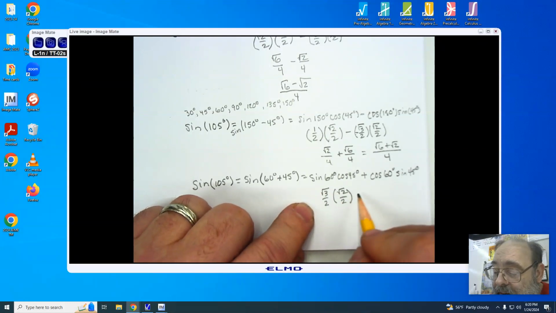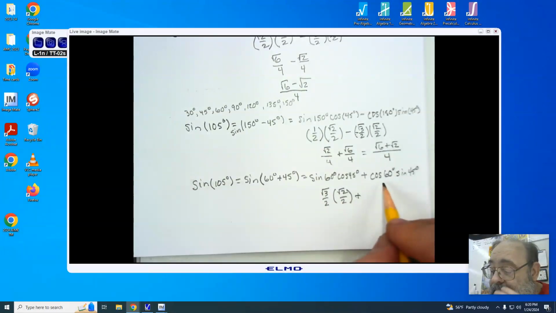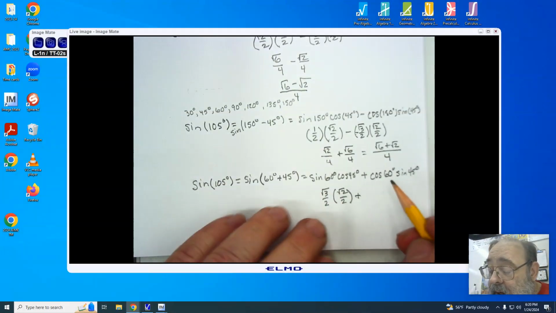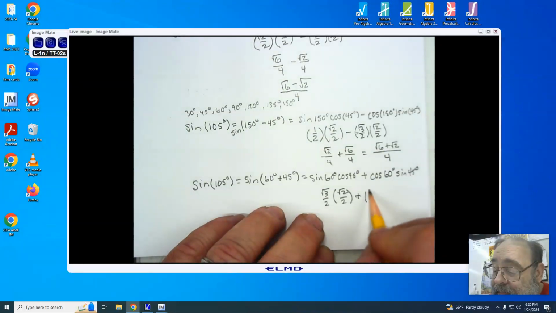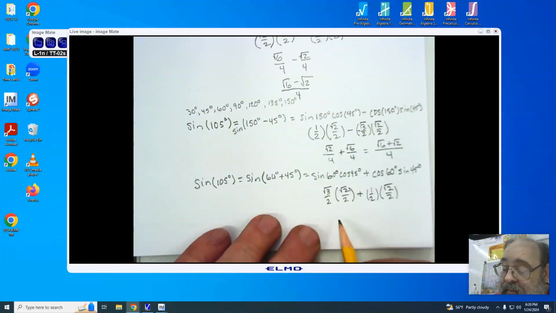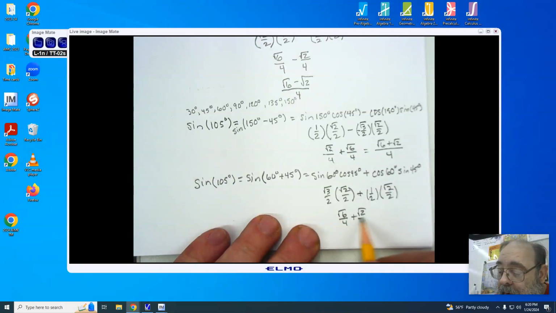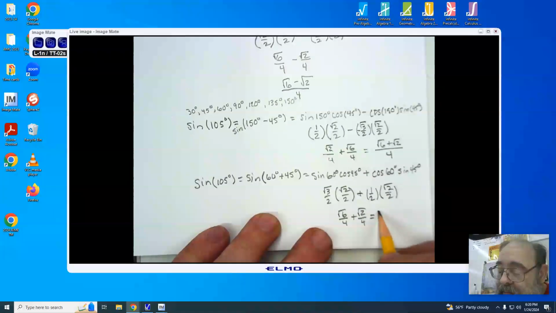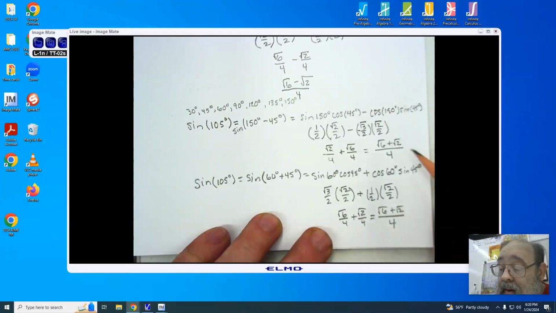When we put in plus the cosine of 60 degrees, we're looking at a 1/2. And then we have root 2 over 2 for the sine of 45. Notice we end up getting root 6 over 4 plus root 2 over 4, and therefore our answer is root 6 plus root 2 over 4. Either way, we get the same answer.